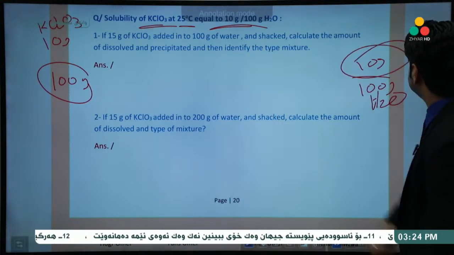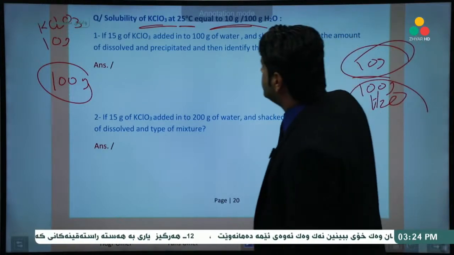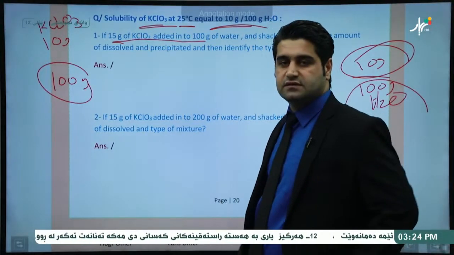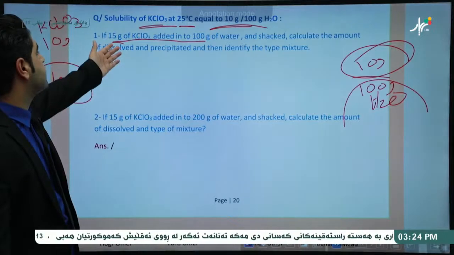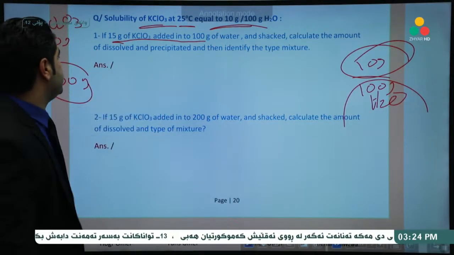Okay? Look, if we add 50 grams of KClO3 to 100 grams of water, show the amount of KClO3 that can be dissolved and the amount that can be precipitated.